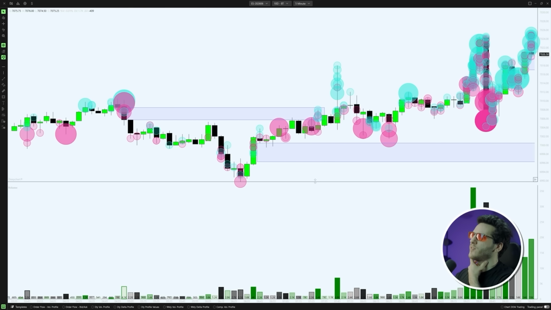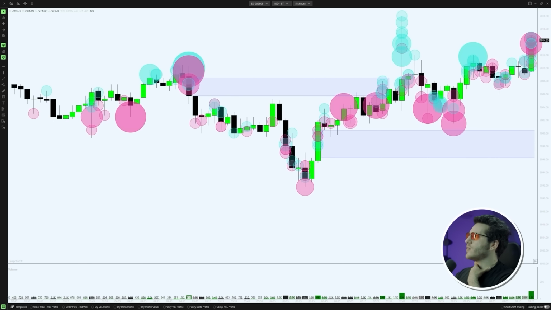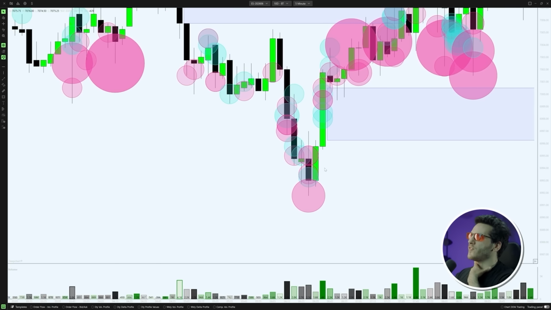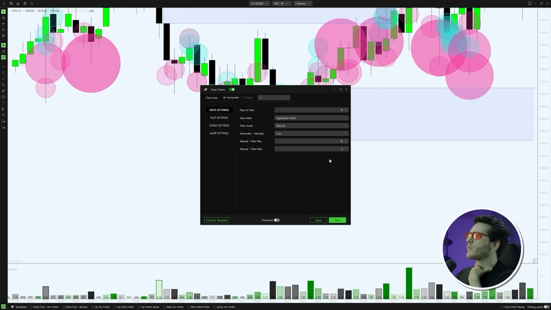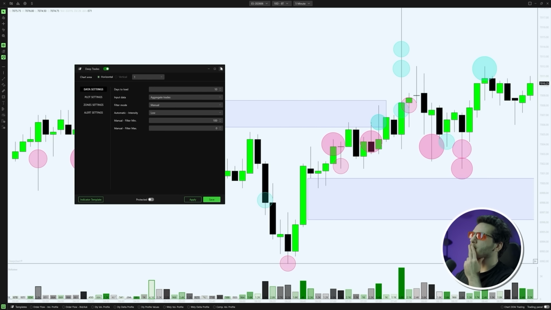There's going to be a lot of bubbles now, but let's try to find a nice filter for the London session, right? Let's maybe go a little bit bigger. For example, let's say 100. Let's see how that looks. That's much better.